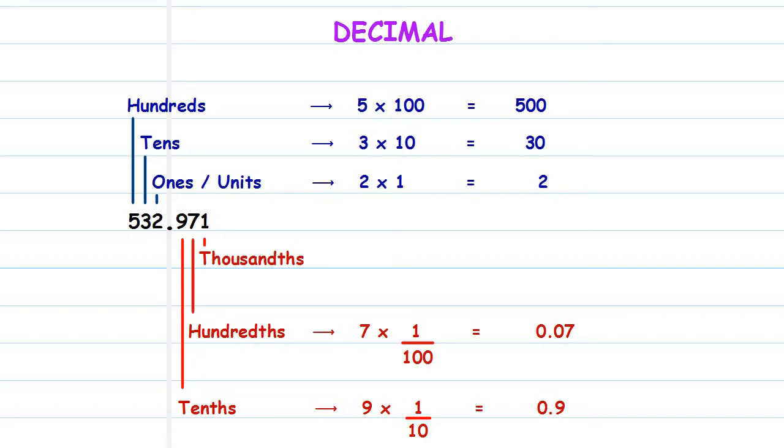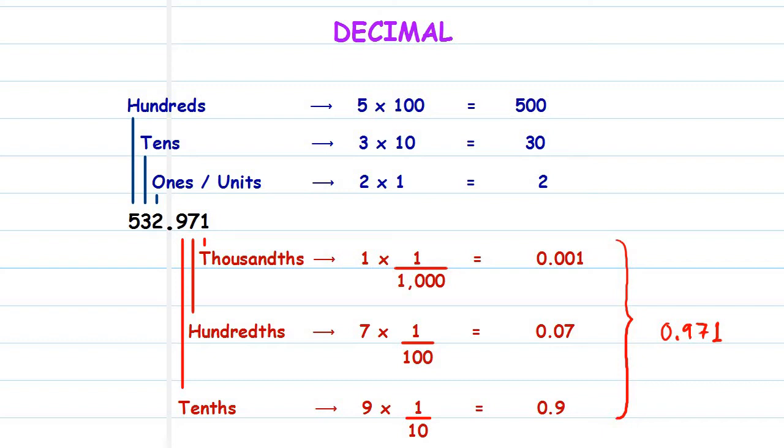And the next position is thousandths digit, and the value of 1 here is 1 times 1 over 1,000, which is equal to 0.001. And if we add up this part, we will get 0.971, which is the decimal part of this decimal.